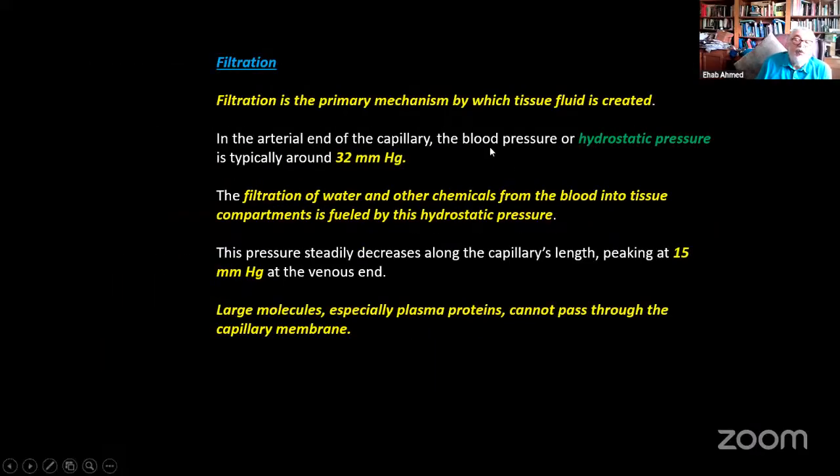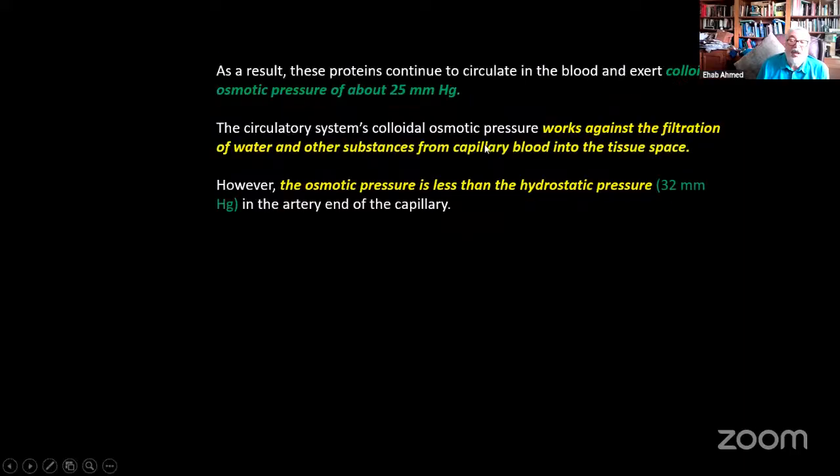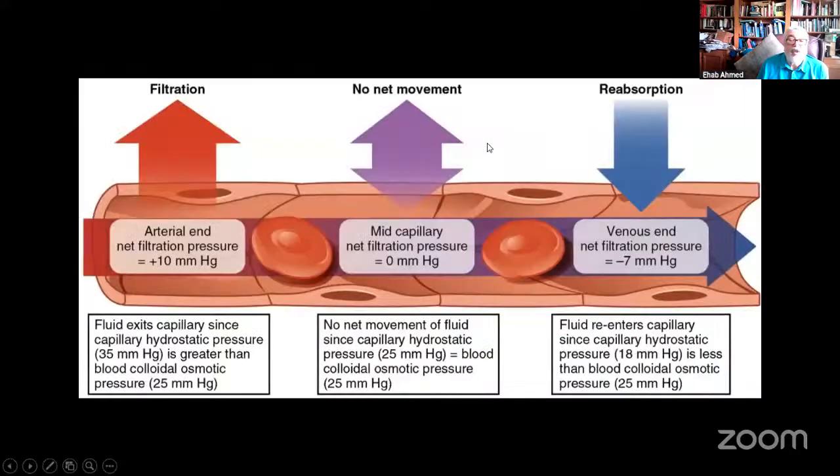So if we look at the capillaries, there is an arterial end and a venous end. We have main factors that work on filtration at the arterial side and reabsorption at the venous side. It depends on the pressure gradient between the hydrostatic pressure and the oncotic pressure, which is the osmotic pressure of the proteins, of albumin.